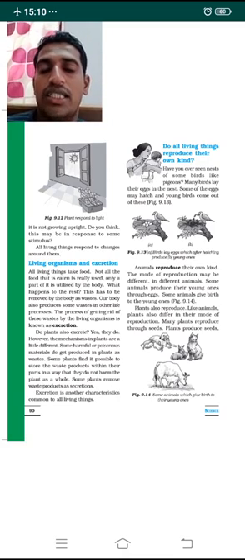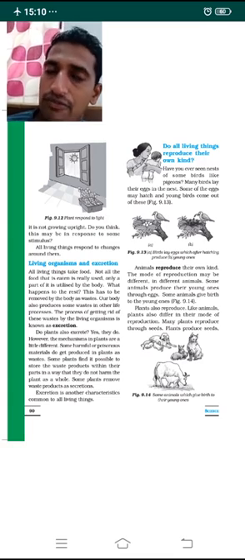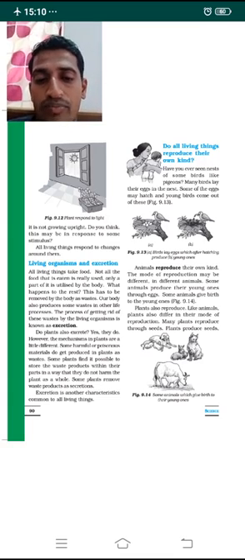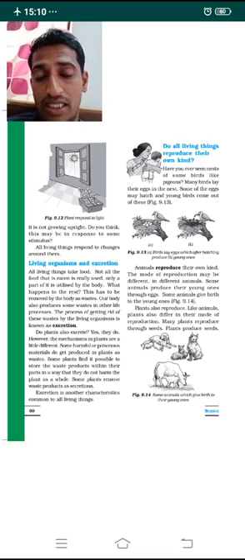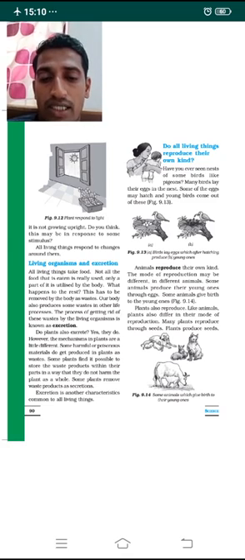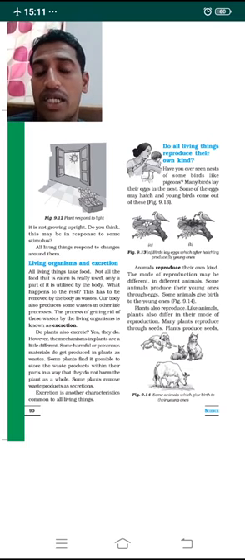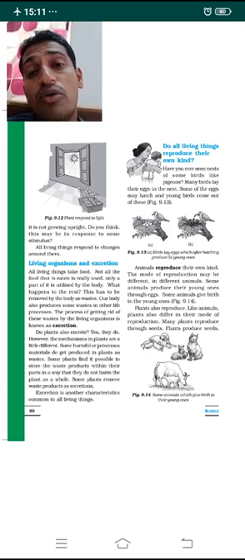The process of getting rid of these wastes from the body of an organism is known as excretion. Do plants excrete? Yes, of course they do. They follow some mechanism to excrete the waste produced in their body. In some plants the waste products are not removed out of their body.